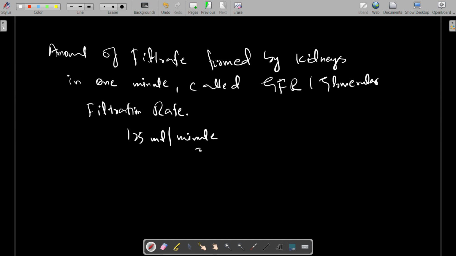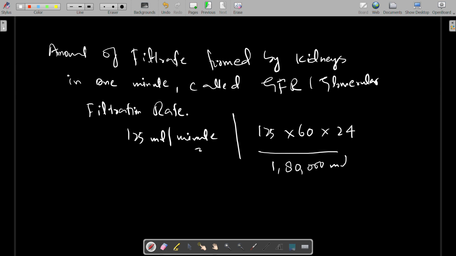If you check out how much glomerular filtrate is formed in 1 hour, it is 125 multiplied by 60, as there are 60 minutes in 1 hour. For a day, multiply it by 24 hours. So 125 into 60 into 24 will be 1,80,000 milliliters.